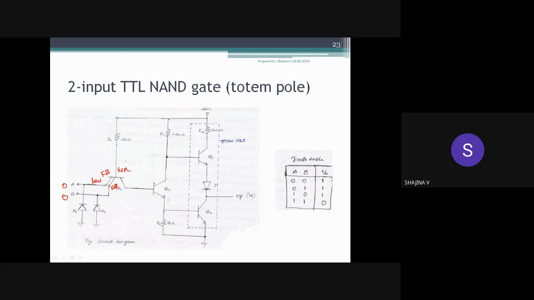Okay, so since the current flows through this path, we can say this junction will be reverse biased, or simply we can say since it is forward biased, current will flow through this path. Okay, so there will not be any current flow to the Q2, and Q2 will turn off.